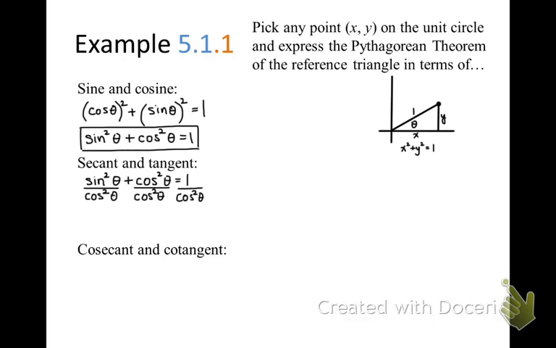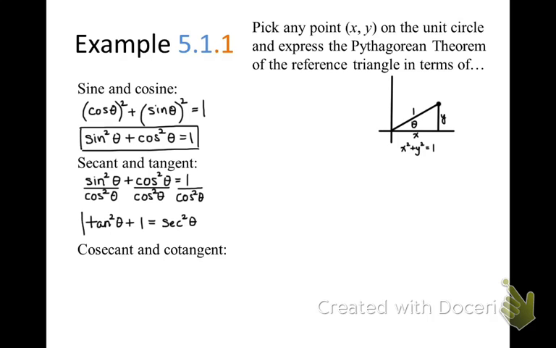So when you go through this, you'll see that sine squared over cosine squared is equal to tangent squared of theta. Cosine squared over cosine squared is 1, and then 1 over the cosine squared is secant squared. Yep, we retain that squared of theta.